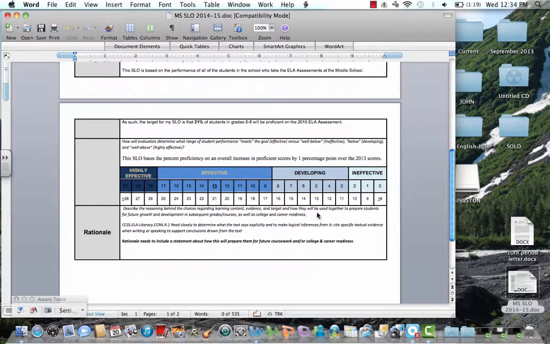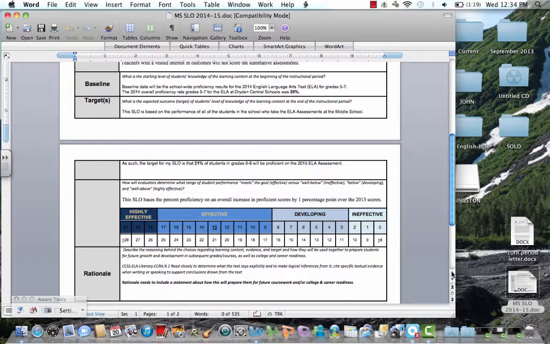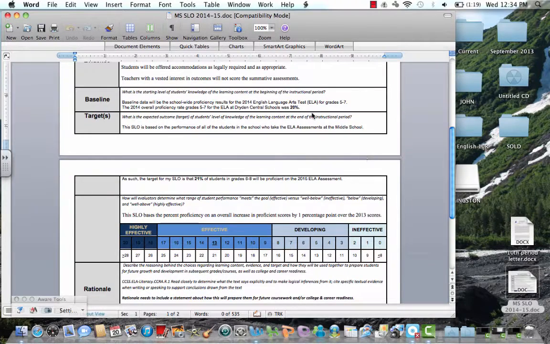Rationale was basically trying to prepare our students to do well in subsequent grades, be college and career ready. And again, we focused a lot last year on reading text closely for interpretation, so some of that we included this year. Again, I think we put a lot of thought into this from the previous year about why we're looking at cohort 5-7 growth and comparing that to 6-8.